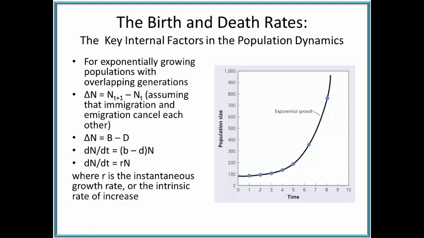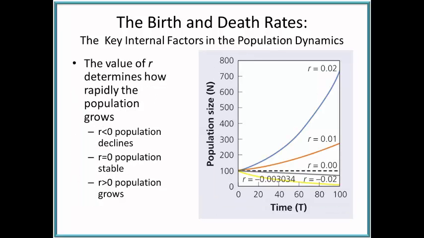So looking at birth rates and death rates, if birth rates increase and death rates decrease, the population will increase. If birth rates decrease and death rates increase, the population will decrease. In other words, the value of r determines what's happening as far as population growth. If r is less than 0, that is, it's negative, then that would be where birth rates are exceeded by death rates, that is, death rates are higher, then the population will decline.